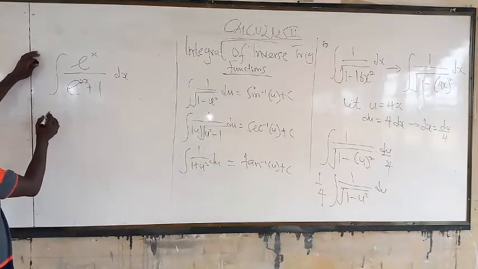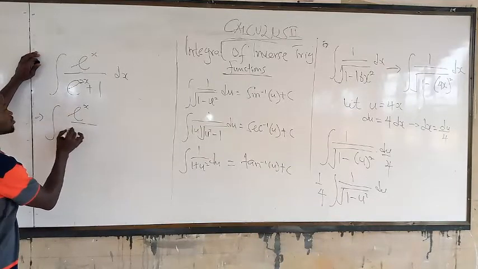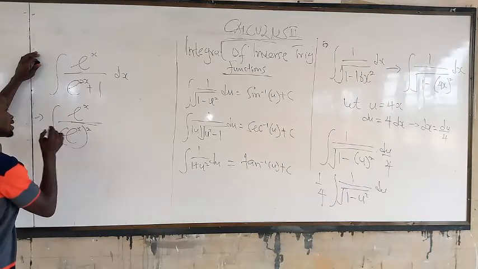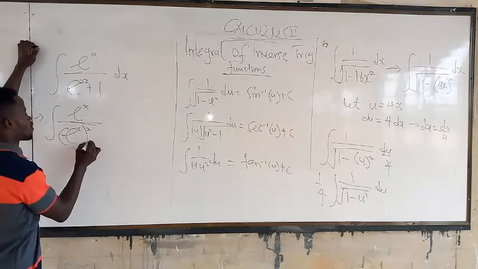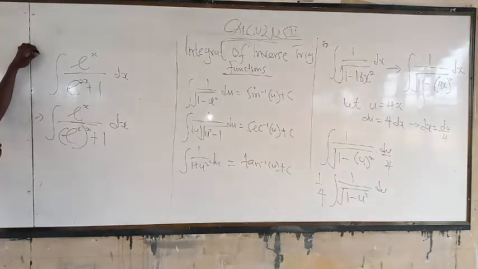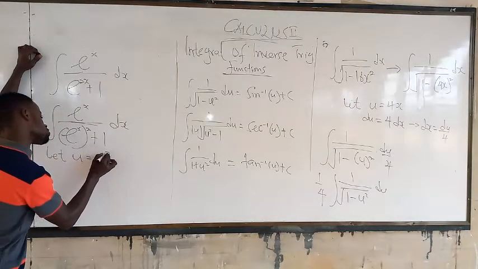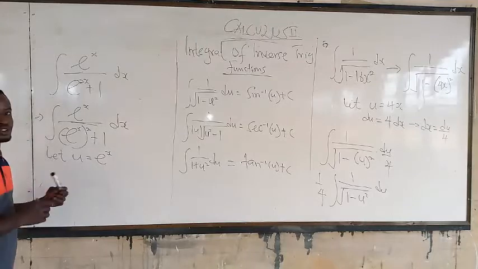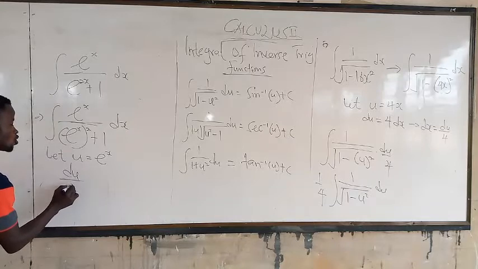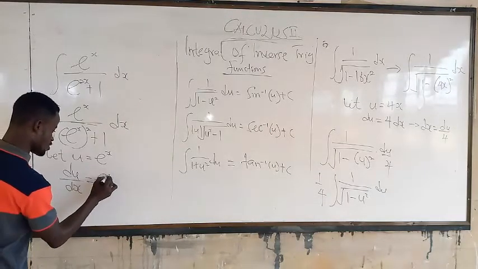So this is going to give us, we know that this is the same as e raised to the power s all squared plus 1 ds. Wow! Then we can say that let u be equal to e raised to the power s. And if u is equal to e raised to the power s, du over ds is going to be e raised to the power s.